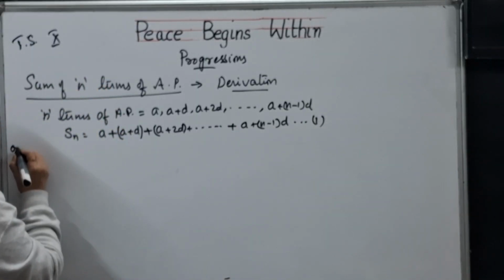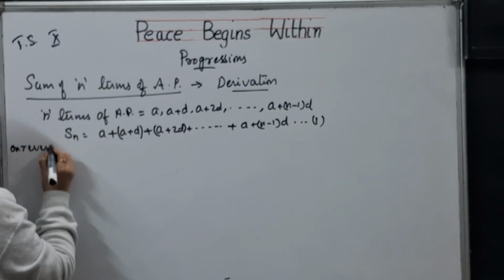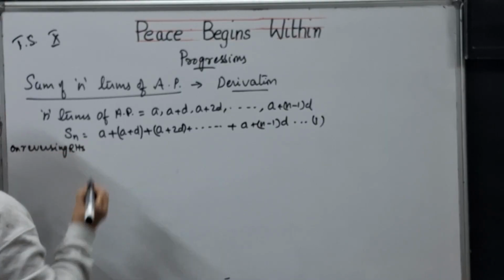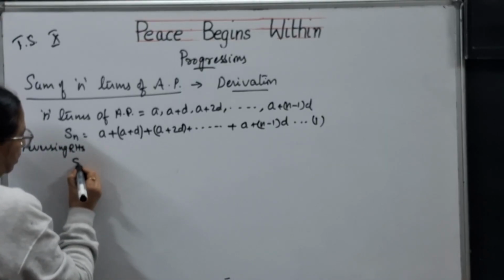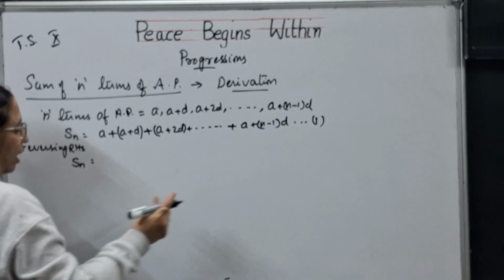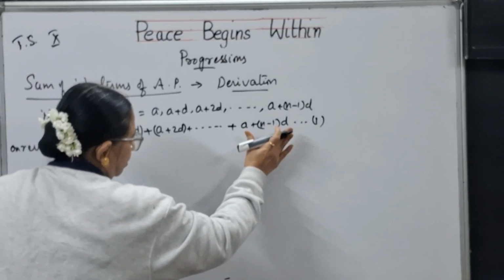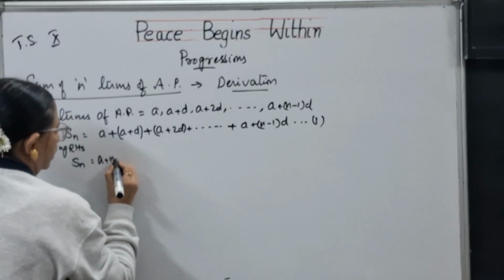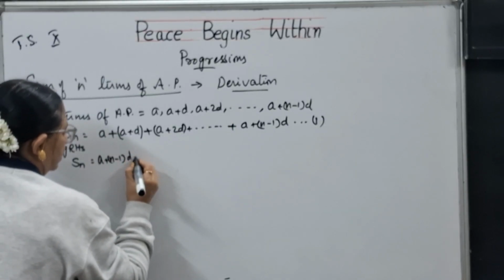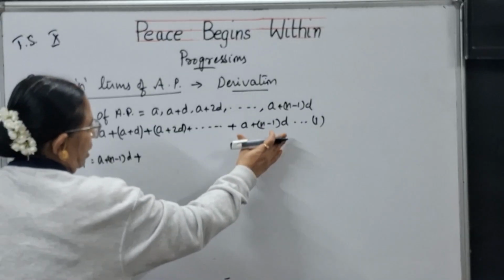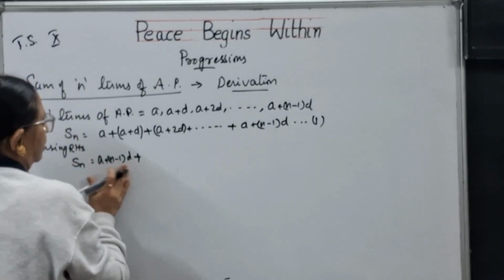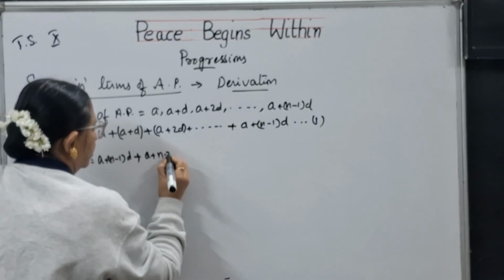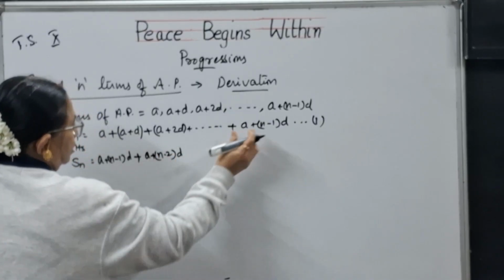Now, on reversing the RHS, LHS we are keeping as it is, Sn. RHS I am reversing, means first I am writing the last term, that is a plus n minus 1 into d, plus, before this term will be a plus n minus 2 into d.